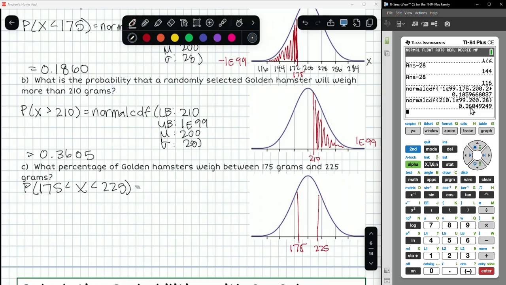I'm going to go ahead and set up my normal CDF. Forgot to shape my curve. So the lower edge is 175, upper edge is 225, mean is 200, standard deviation is 28. And we're going to go ahead and run that on our calculator.